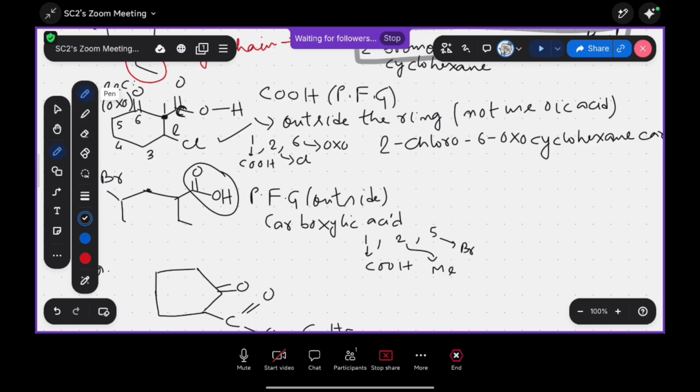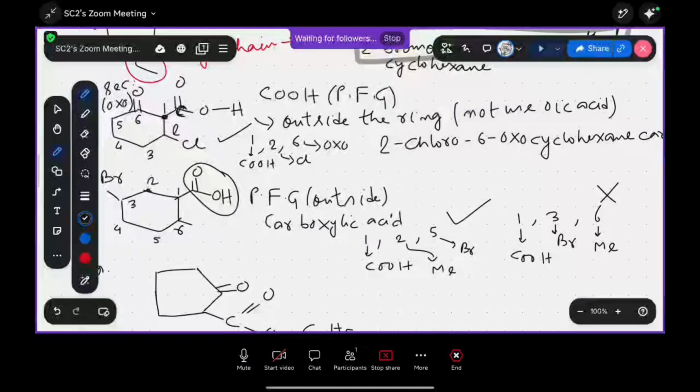It is 1, 2, 3, 4, 5, 6. Then we would have COOH at position 1, bromine at position 3, and methyl at position 6. So this numbering is correct and the other one is wrong. 1, 3, 6 gives you a higher set of locants, but 1, 2, 5 gives you a lower set of locants.